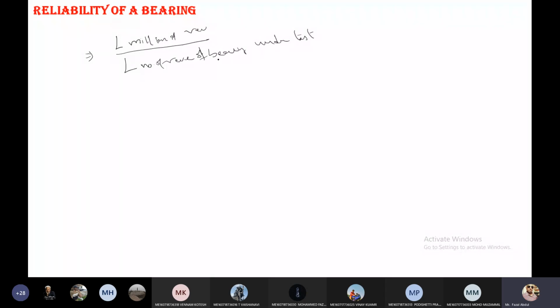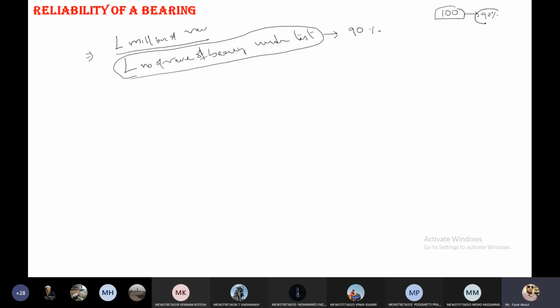So here one more thing: under test is indicating this, particularly giving 90% of bearings. Because in the previous article we discussed, for a lot of 100 bearings, if you allow them to operate, 90% of similar bearings exceed their life before the first fatigue failure.